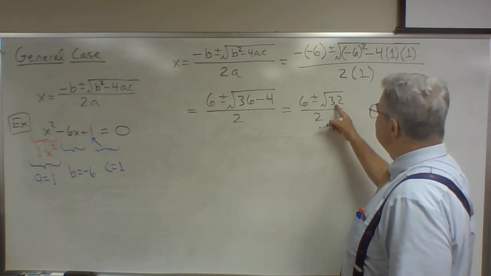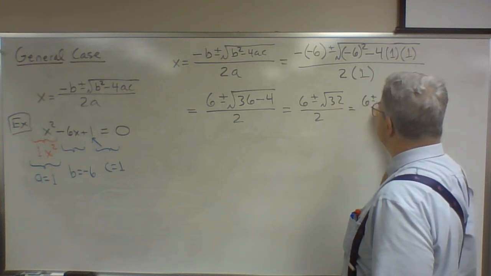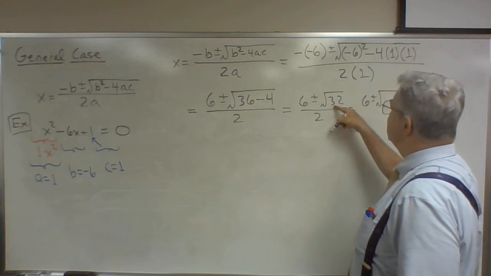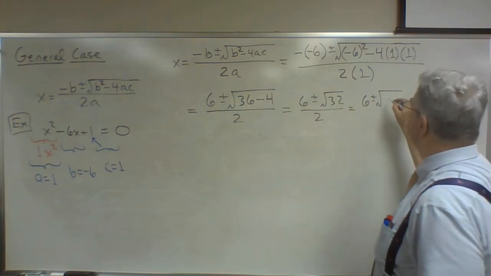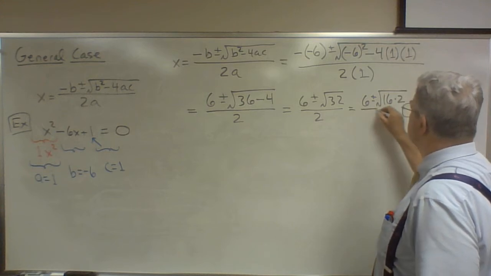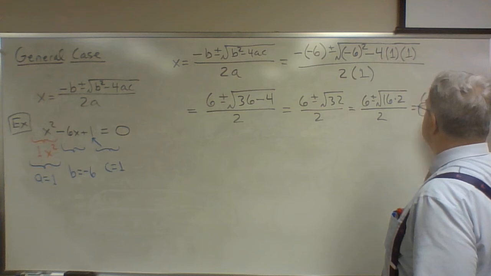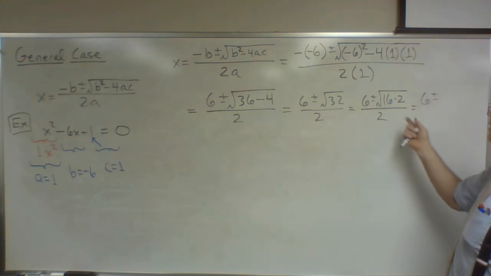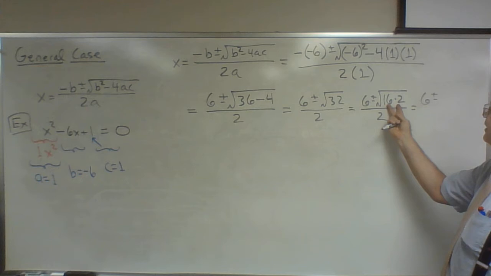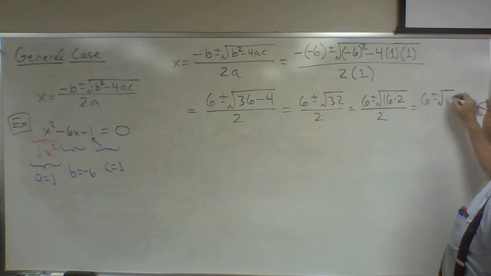Can I simplify this? Let's see. 32 is 16 times 2, isn't it? We have the square root of two non-negative numbers. We can rewrite that as the product of the two square roots.